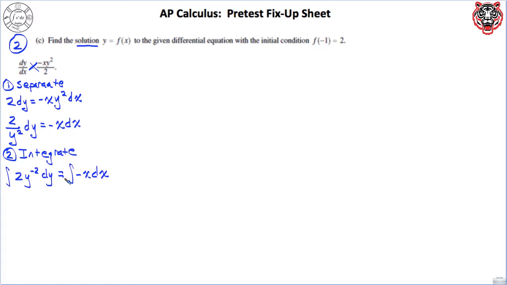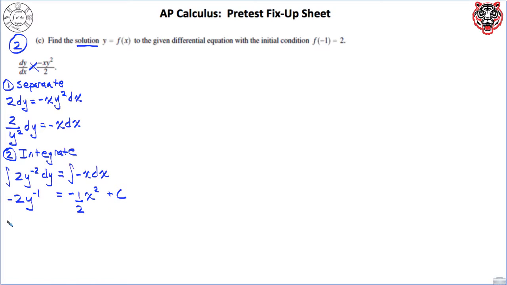Now I actually have to take the integral. So when I do that, y is going to go up to the negative first power, and then I divide down. So this is going to be a negative 2y to the negative 1. And that's going to equal negative x going up to the power of 2, and divide by 2, that's 1/2. And don't forget your plus c, your constant of integration.